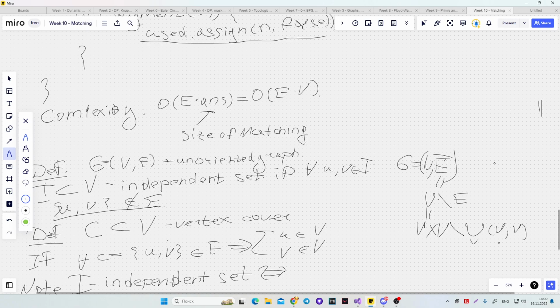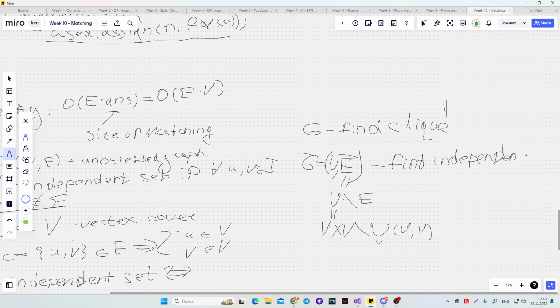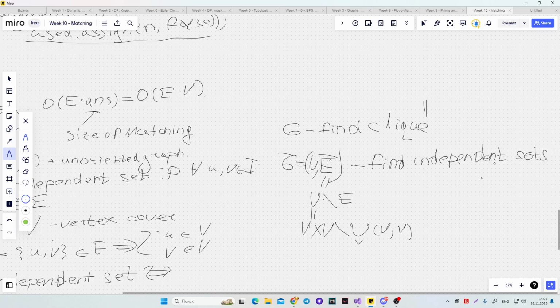We don't want to have loops. If we find an independent set in the complement graph, in our graph G we find a clique. We get that we can find all the cliques.